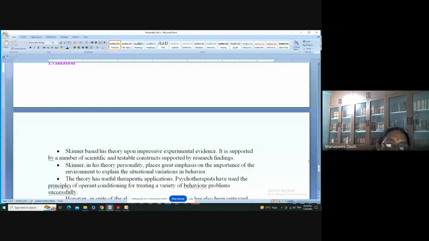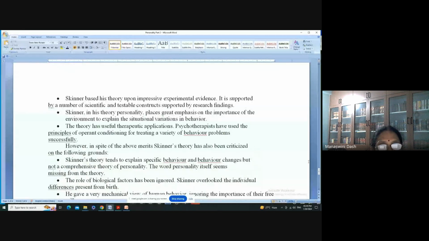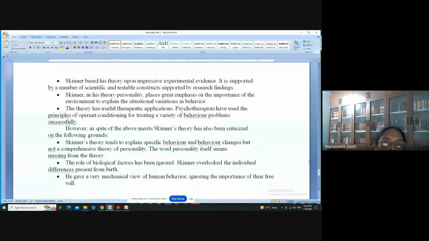Then, evaluation of Skinner's theory. Skinner's theory is based upon impressive experimental evidence. So it is supported by a number of scientific and testable constructs which have been supported by research findings.